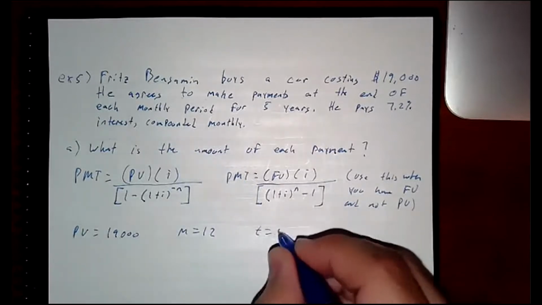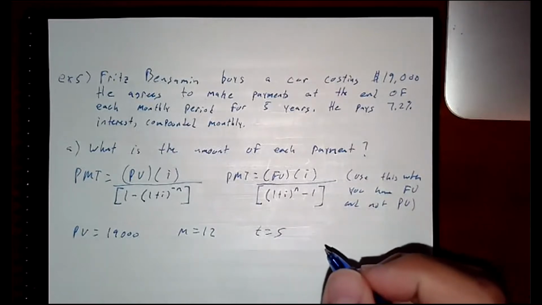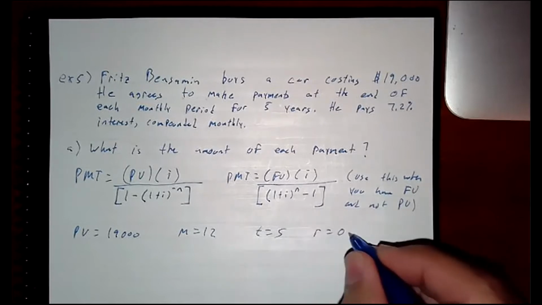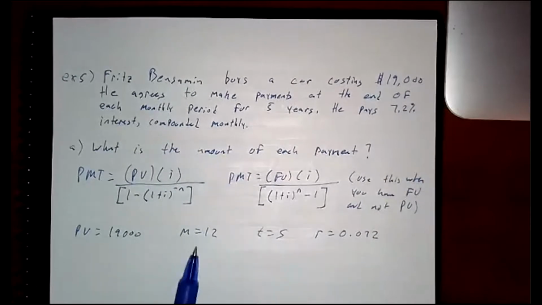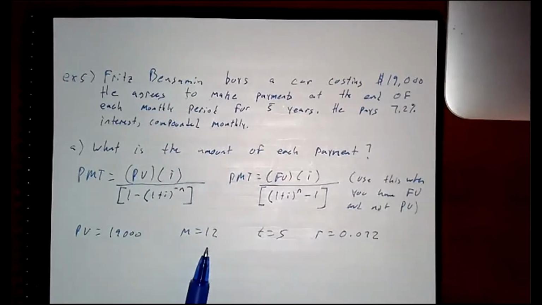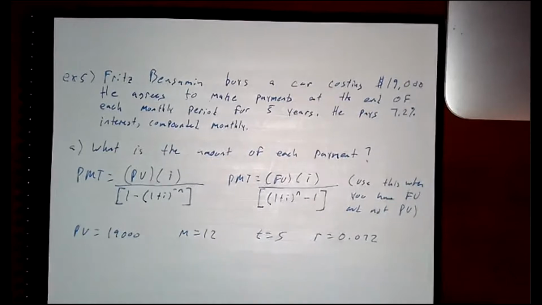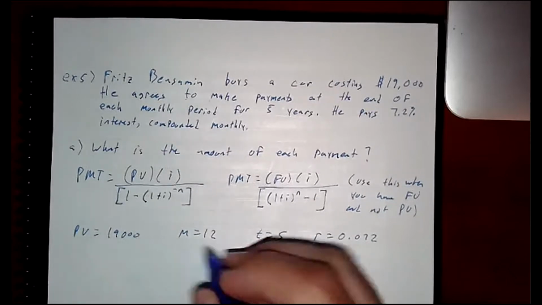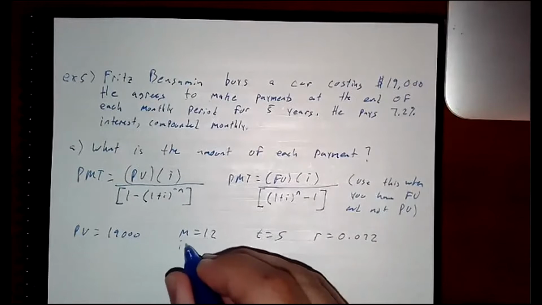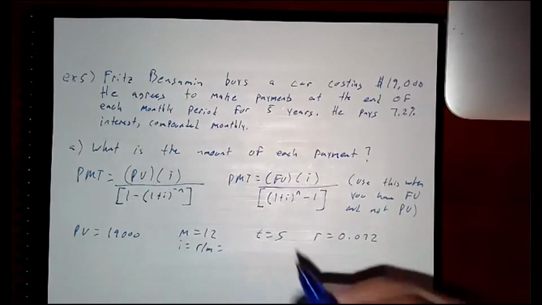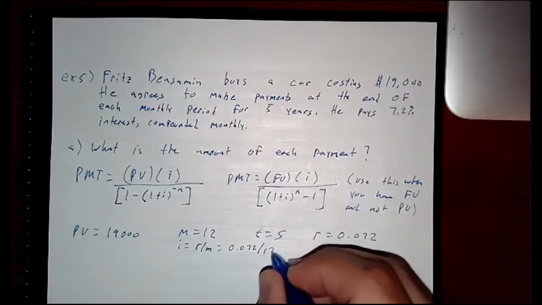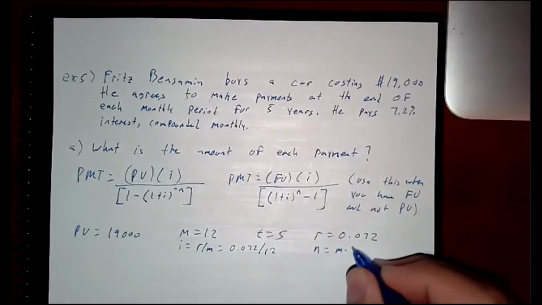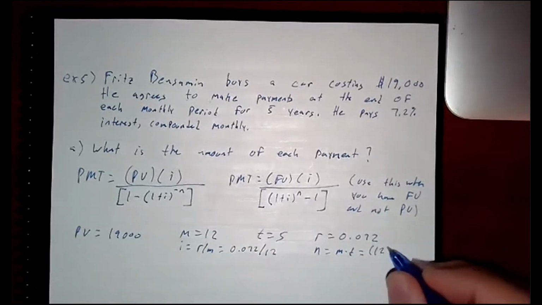Time is 5 years of the car loan. 7.2% interest, compounded monthly, so rate is 0.072. All right, so i is r over m, which is 7.2 divided by 12, and n is m times t, which is 60.